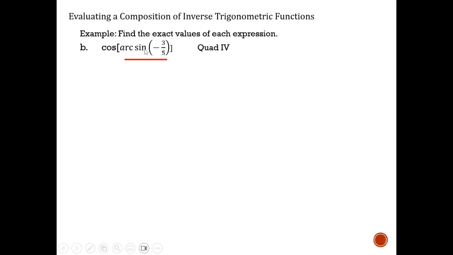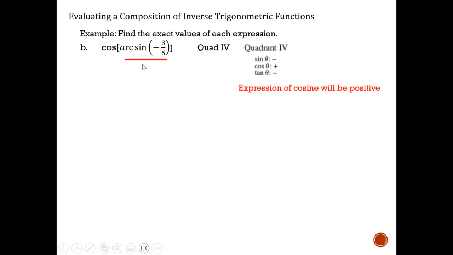Because the range of the inverse sine is from negative pi over 2 to pi over 2, right? Which is quadrant 4 and quadrant 1. So we know it's going to be quadrant 4. So here, guys, the sine is going to be negative, cosine positive, and tangent negative. Since here, guys, we're looking for the cosine, the answer is going to be positive. Now we can disregard the signs here. We know the answer is going to be positive.